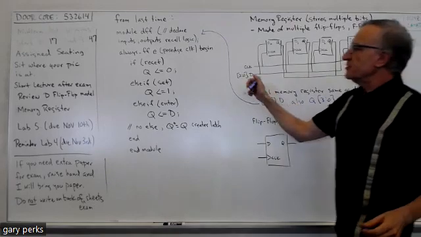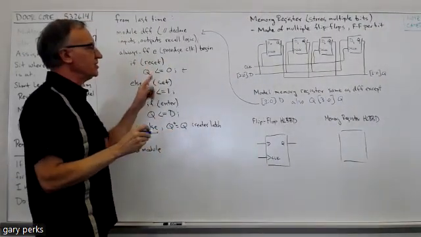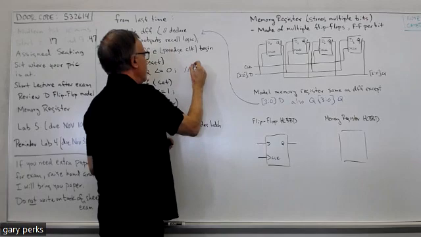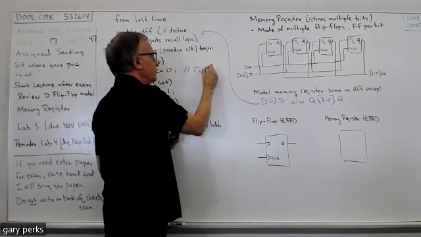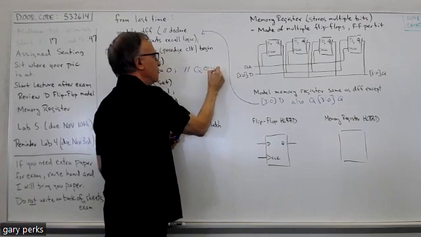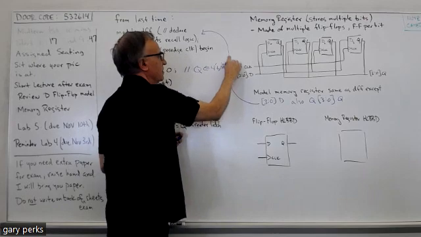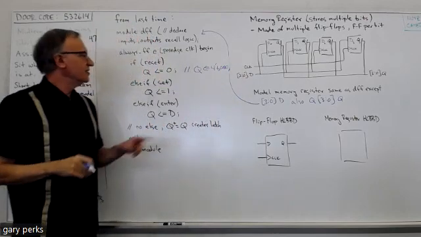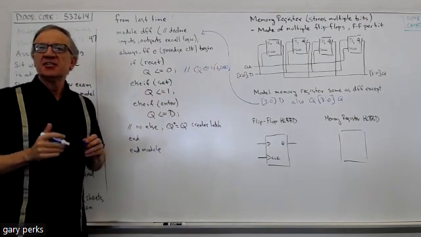And since Q is now 4 bits, when it gets reset, you would replace this with Q assigned to 4'b0000. You do the same thing for set, 4 ones instead of just a single one.